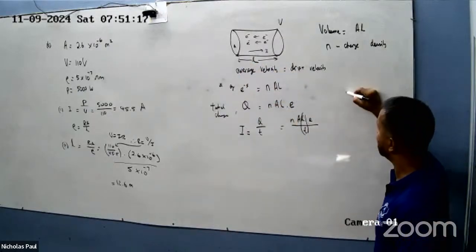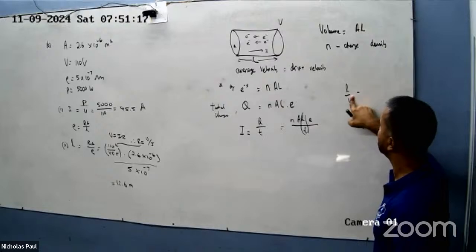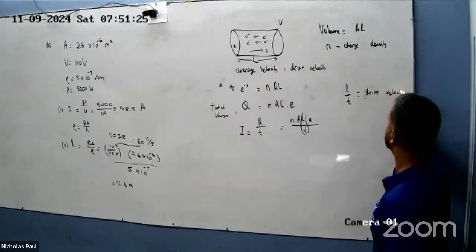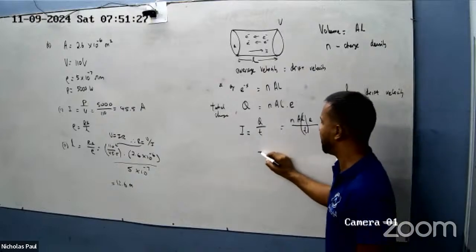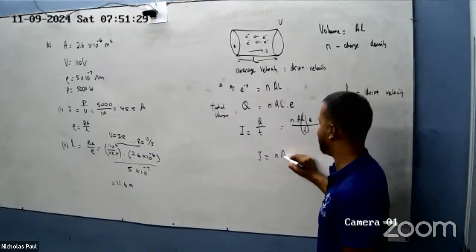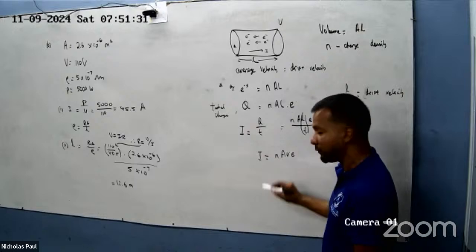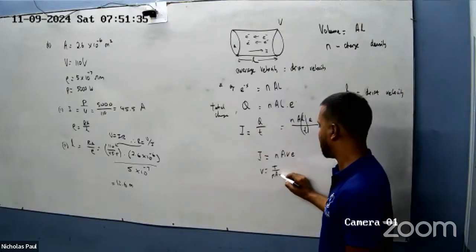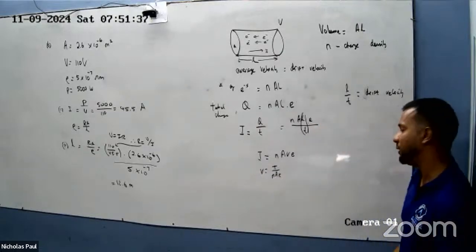L over t is what we call your drift velocity. So you'll get I is equal to nAve, and you can make v the subject of the formula.